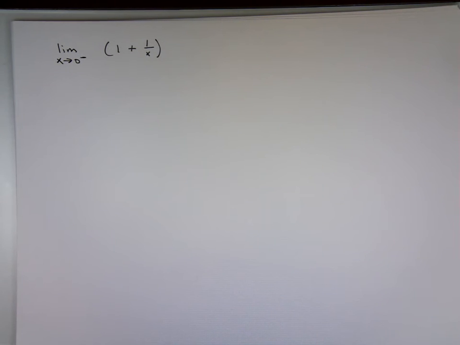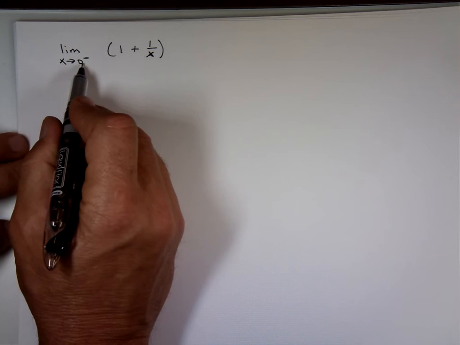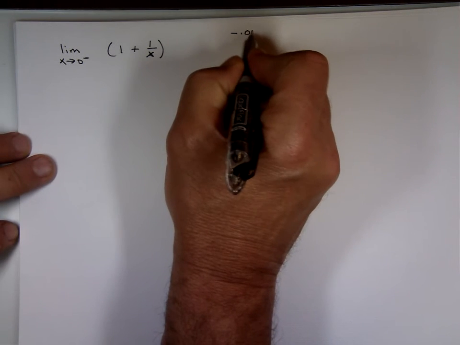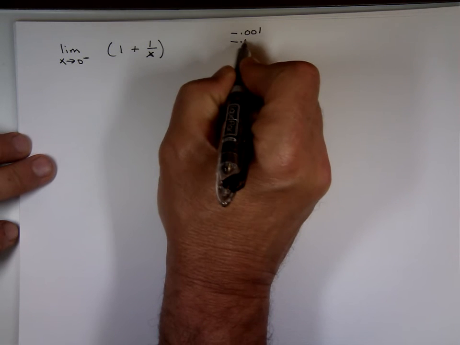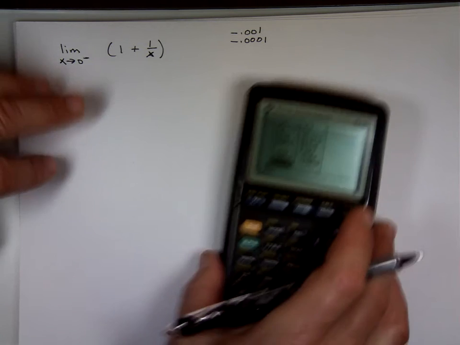And again, even if you don't have a fancy calculator, just plug in a number close to 0 from the left side, like negative 0.001 and negative 0.0001. Try these numbers.